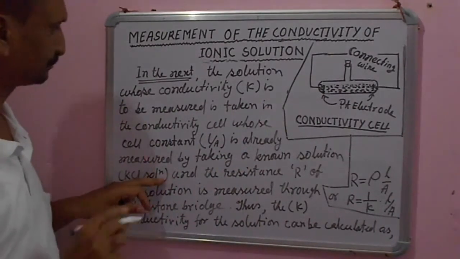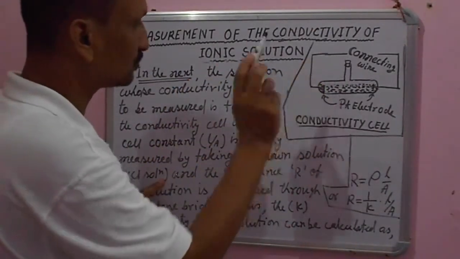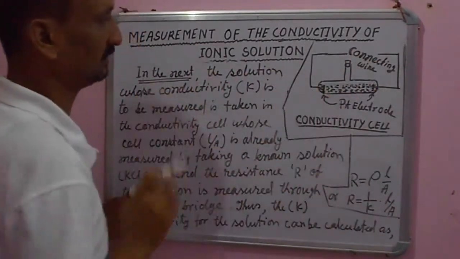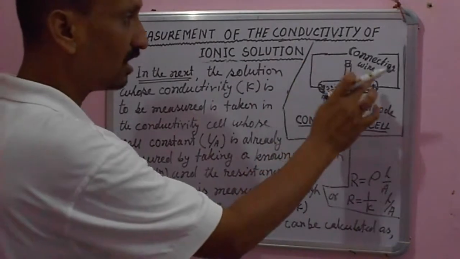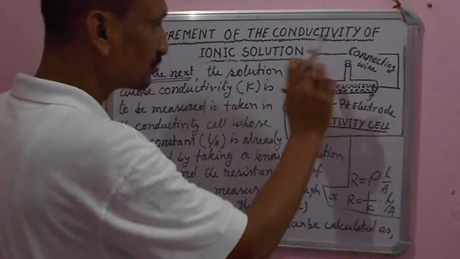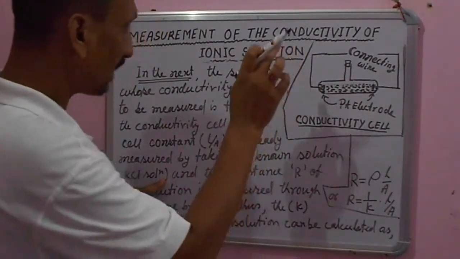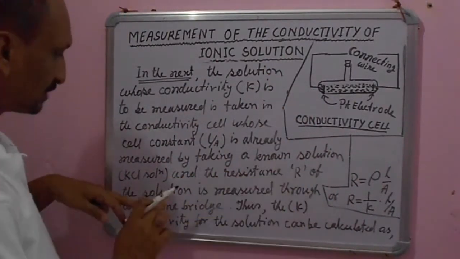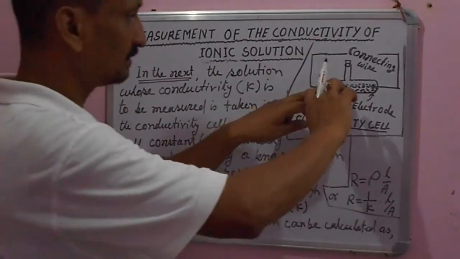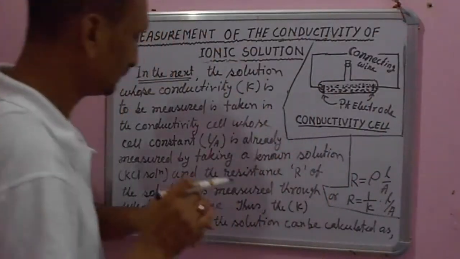That means we take the ionic solution whose conductivity is to be measured in the same conductivity cell whose cell constant is already measured by taking a known solution, whose conductivity is already known, and the resistance R of the solution is measured through the Wheatstone bridge. After taking that ionic solution we have to measure the resistance through the Wheatstone bridge.